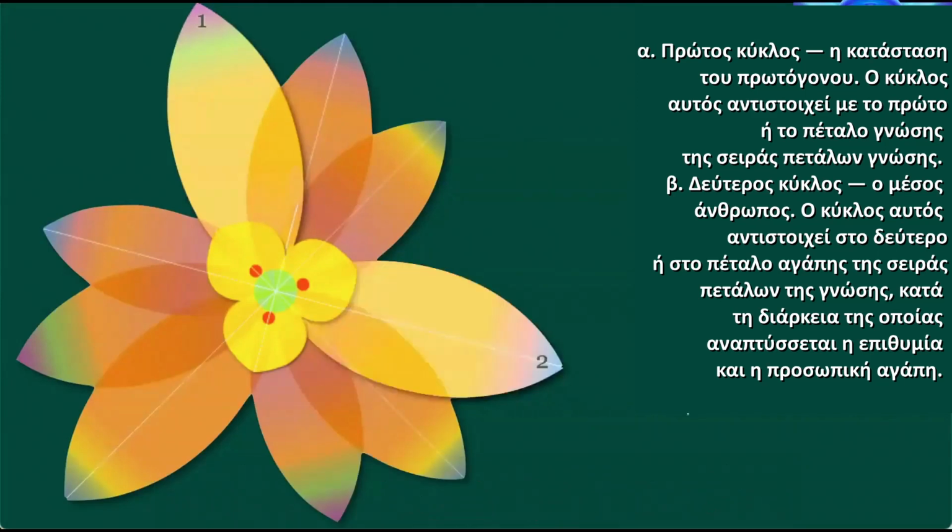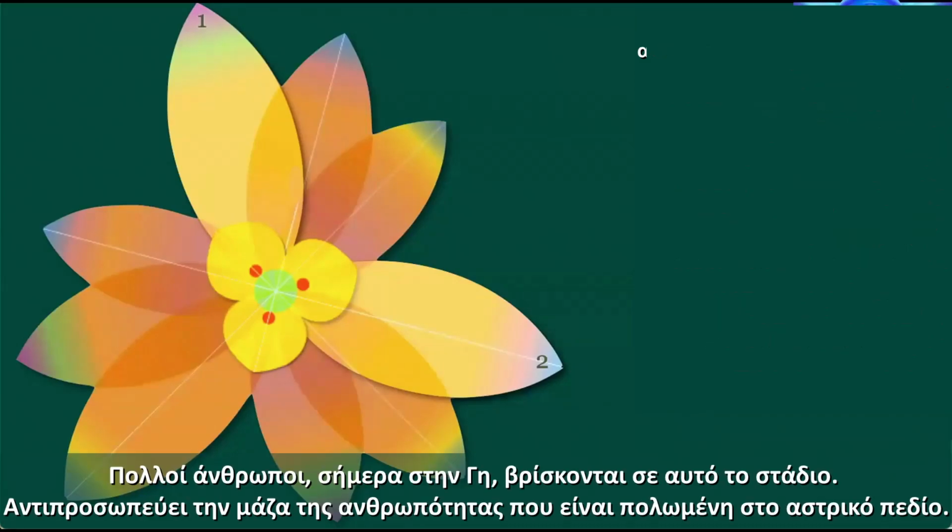The second cycle, average man. This correlates with the second or love petal of the knowledge tier of petals, during which time desire and personal love are developed. A lot of people are in this place around the planet. This represents the astrally polarized bulk of humanity.